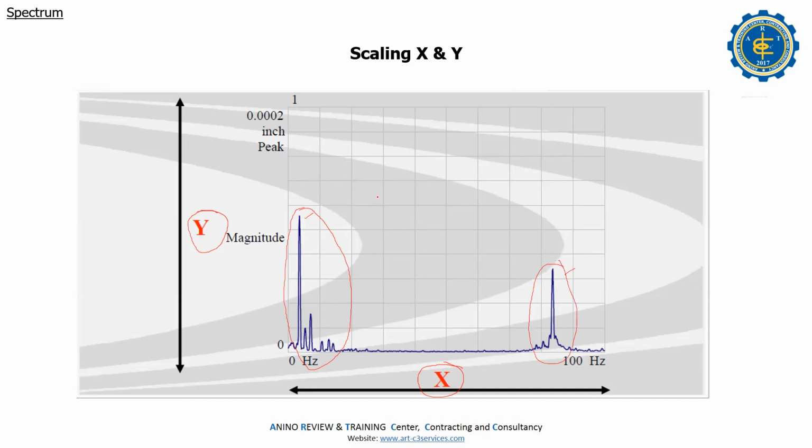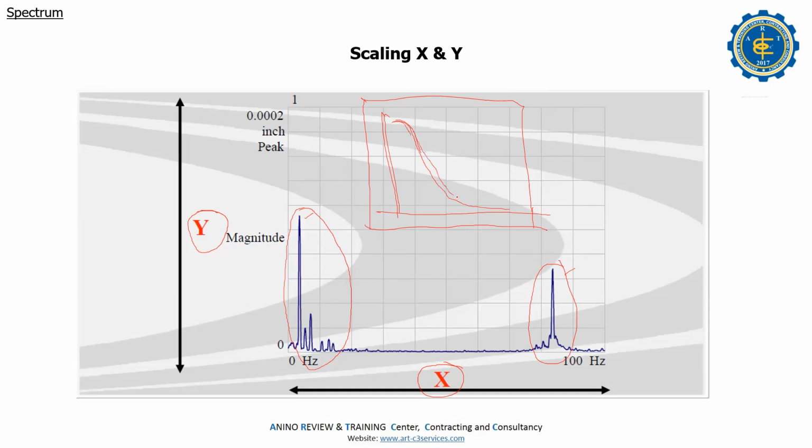Do you experience this one, for example, the X and Y like this? That's a ski slope. There is no good data. I have experienced this many times, especially when we do crane vibration on the long travels, you'll see the ski slopes.